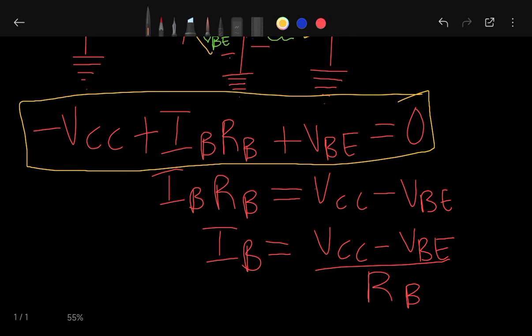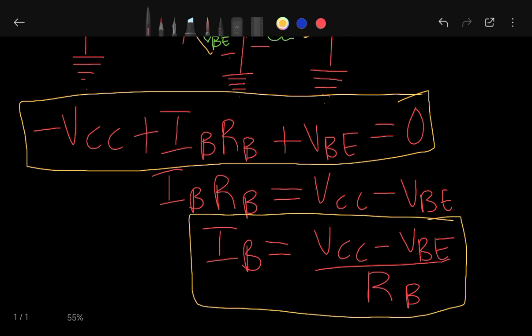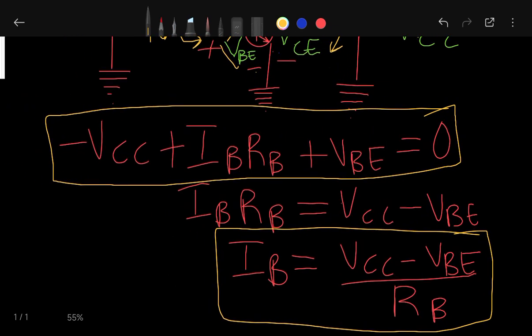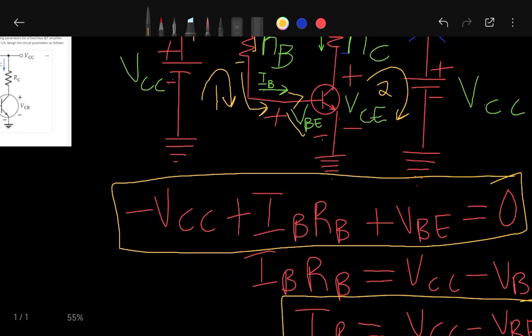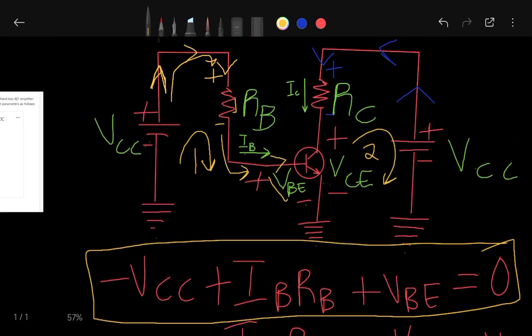Now you know the formula without having to cram it. So that's for the base emitter loop.